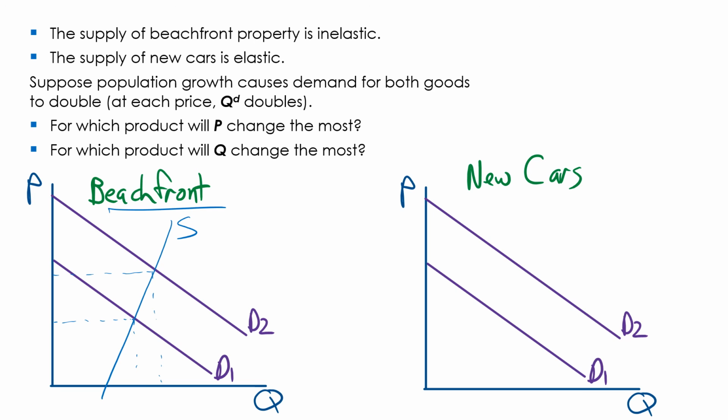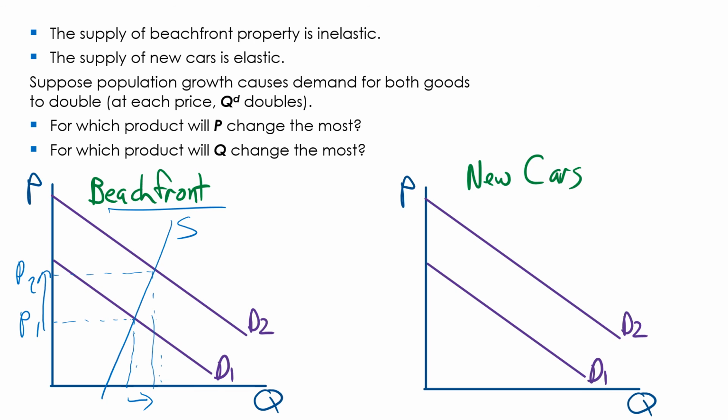Maybe I should move this over here a little bit. Anyway, I'm not a perfect illustrator by any means, but we see a price increase that's rather large, and a quantity supplied to the market that is smaller.